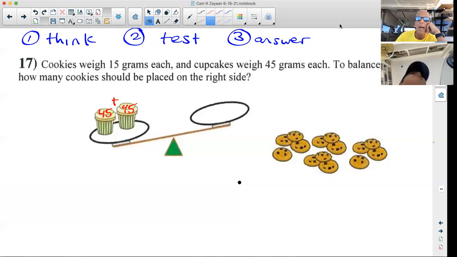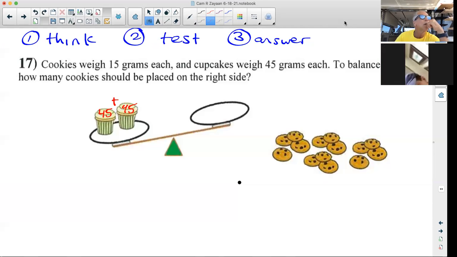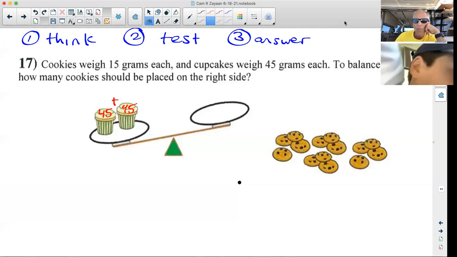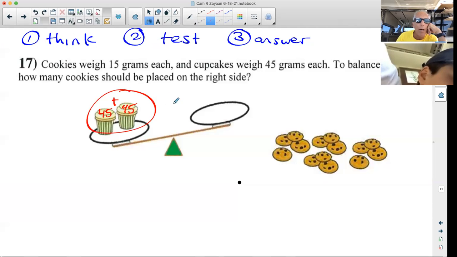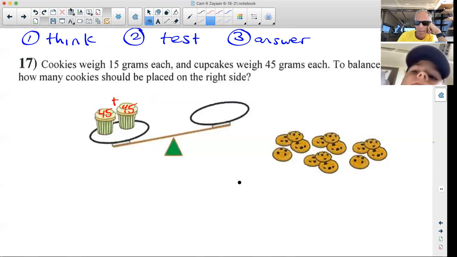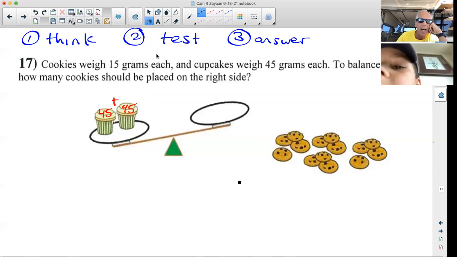So each one of them is 45. Oh, got it. So Cam, if each of them is 45, what's the total? Come on, what's 45 plus 45? 5 plus 5 is 10. You're writing this out, carry the 1.